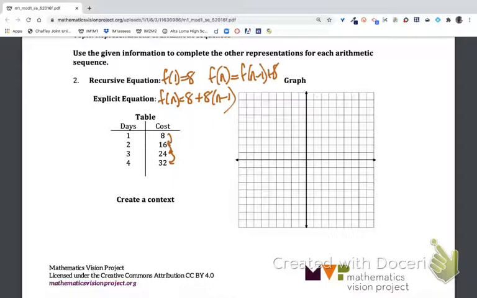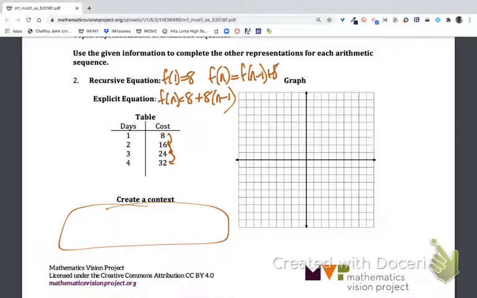Create a context, that would be for you, but you could write something in there about how you are buying lunch every day or dinner every day, and you need to figure out how much it's going to cost you each step of the way, knowing each meal is a flat fee of $8. So some sort of context would be written in here.